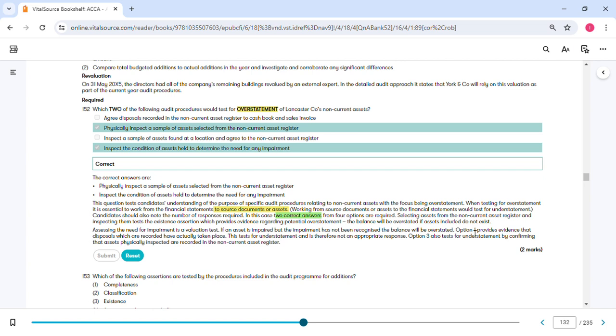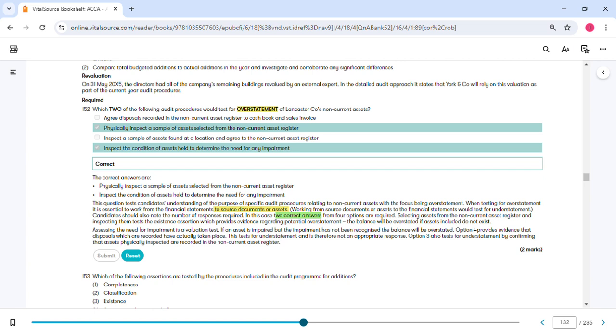The balance will be overstated if assets included do not exist. If the asset does not exist, definitely there will be an overstatement.